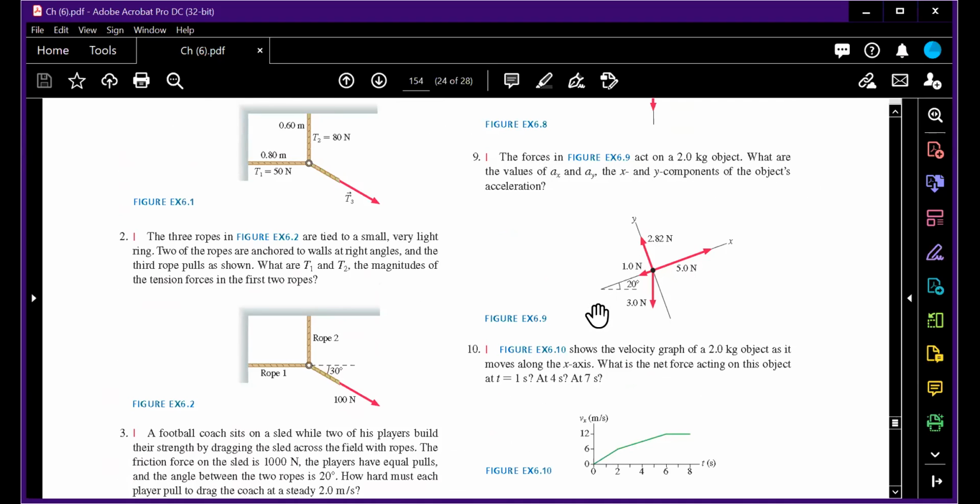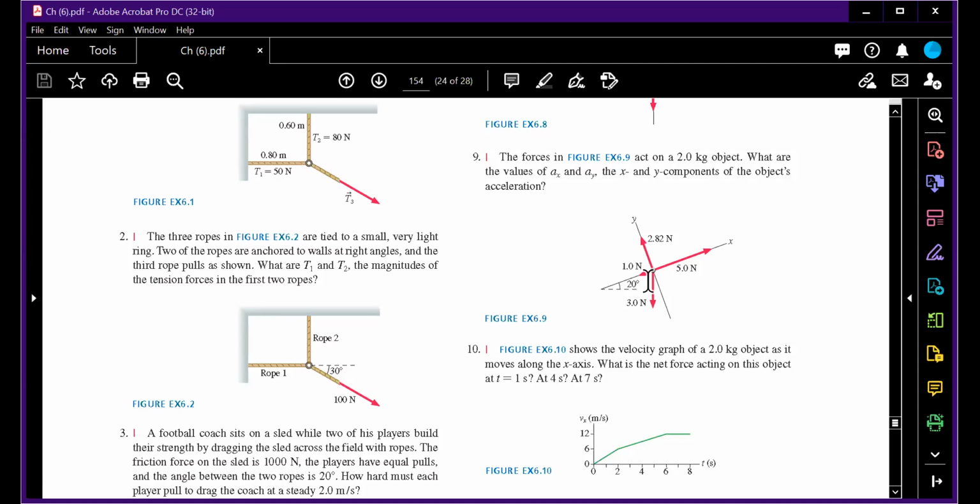This is assuming that you know the magnitudes of all the forces acting on a 2 kilogram mass, and we're trying to find a sub x and a sub y, the x and y components of acceleration.